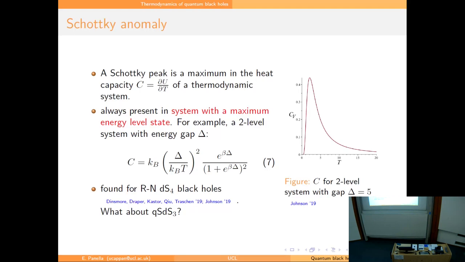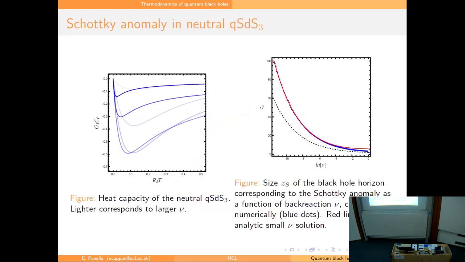And because black holes in de Sitter have a maximum mass, a bound on the mass given by this Nariai black hole, it was conjectured that black holes in de Sitter would have this kind of feature in the heat capacity. And for classical systems, it was checked in this paper numerically. And we kind of expand analytically on it, but we also find them for quantum black holes.